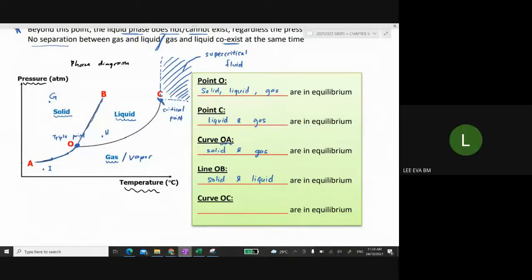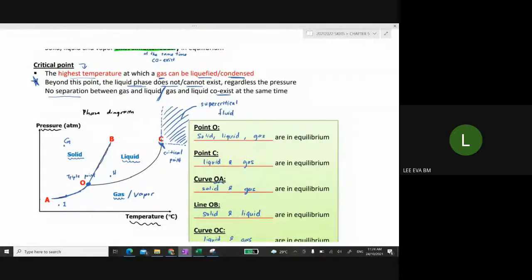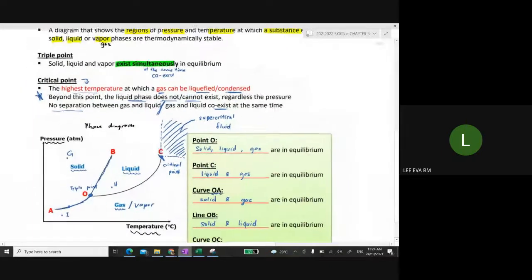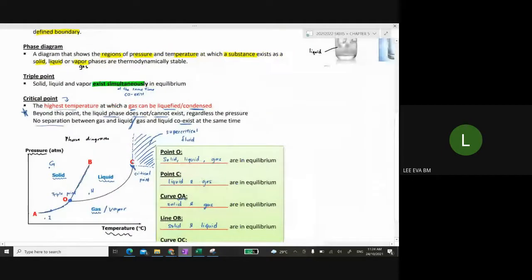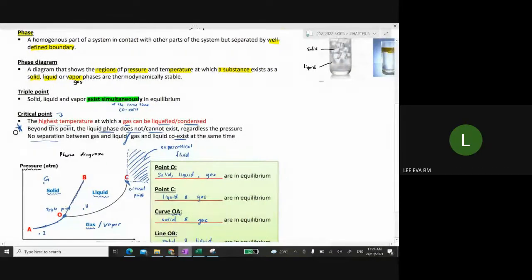Okay, very good. We have the liquid phase and also the gas phase. All right, so for this one, any question you would like to ask before we proceed to the next one? Not yet, madam. Yeah, but it's clear what is meant by a phase diagram, a triple point, critical point.